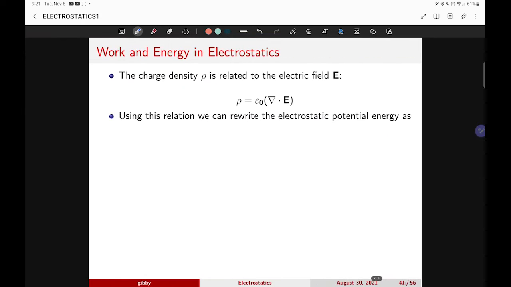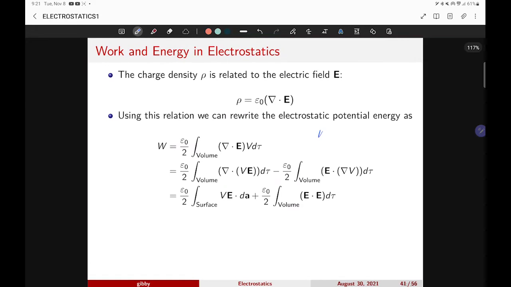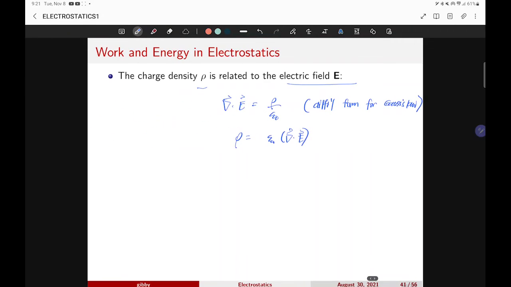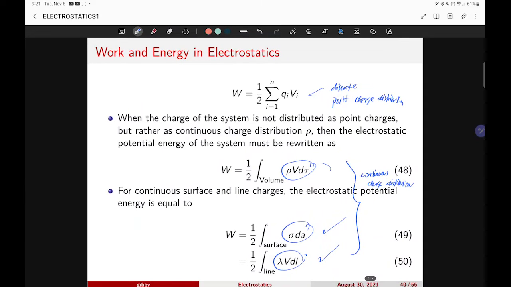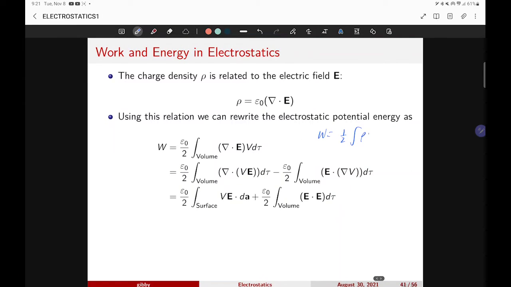So we can use this relation to rewrite the electrostatic potential energy. The electrostatic potential energy, W equals 1/2 integral of rho V d tau, where rho is given by this.